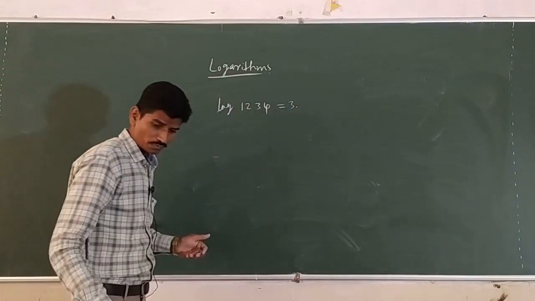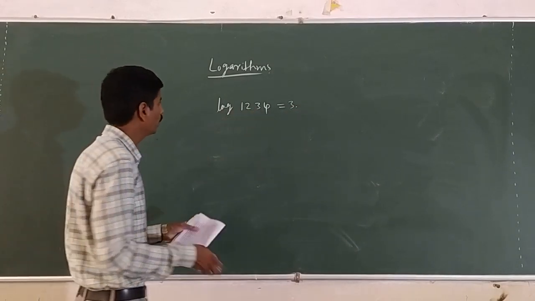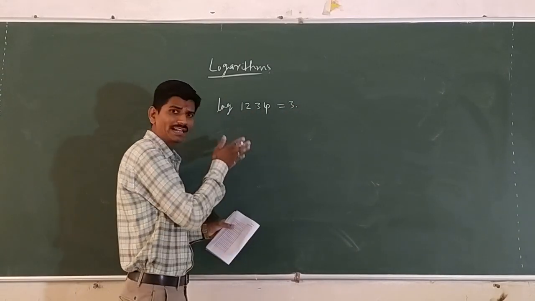Next you have to search the digits 1, 2, 3, 4 in the log table. It starts from 10 to 99.